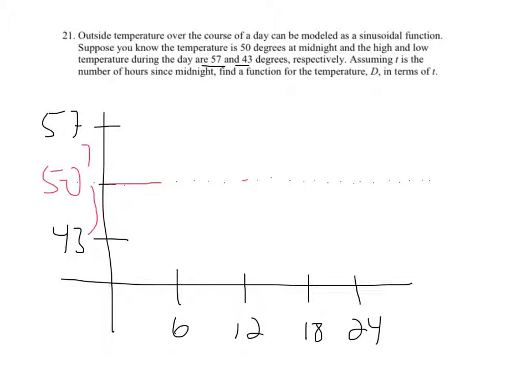So I know a couple things out of that. I know the amplitude is 7. I'm also knowing that it happens at midnight. So there's midnight, and then if we think about what happens here with the sine graph, I've got this.